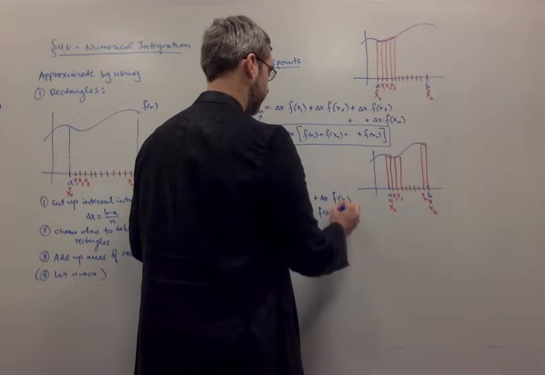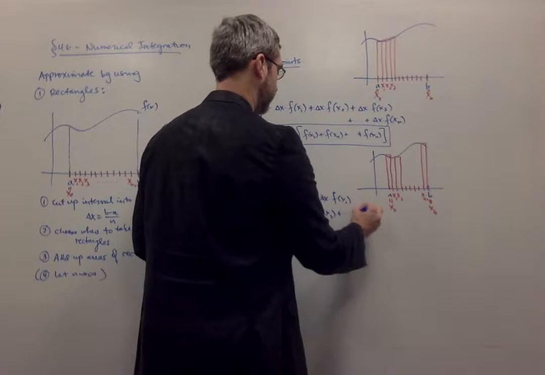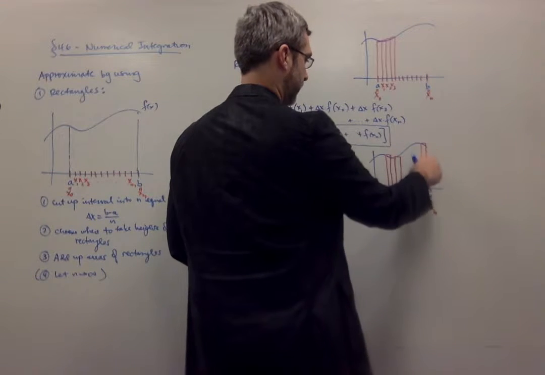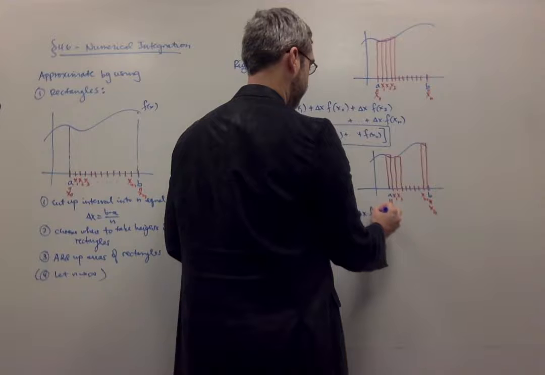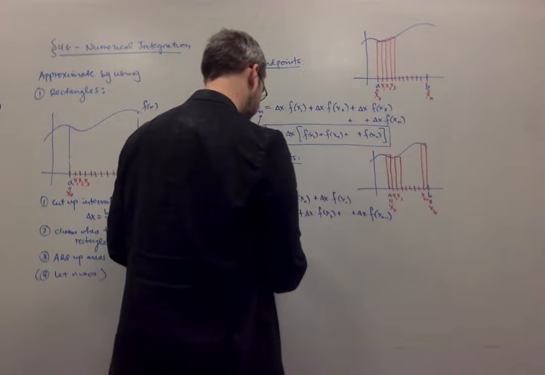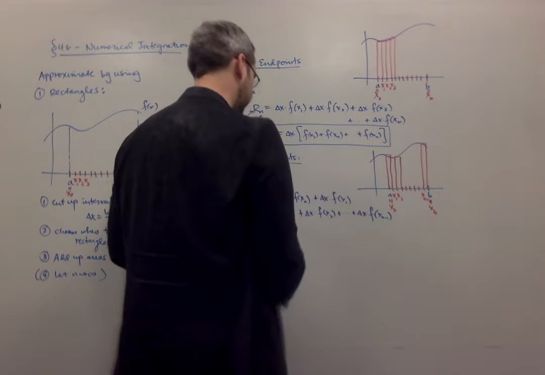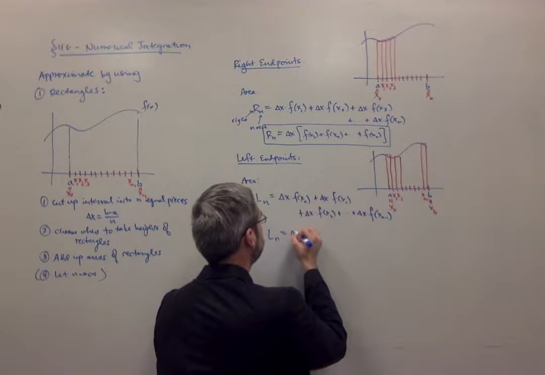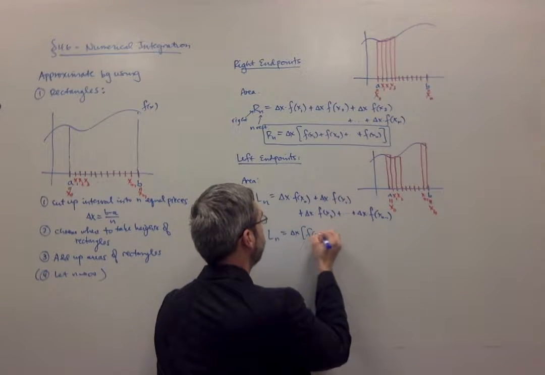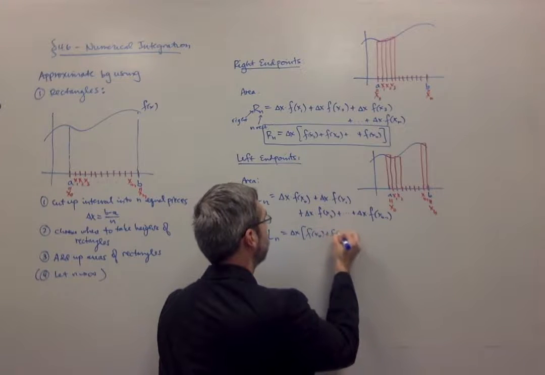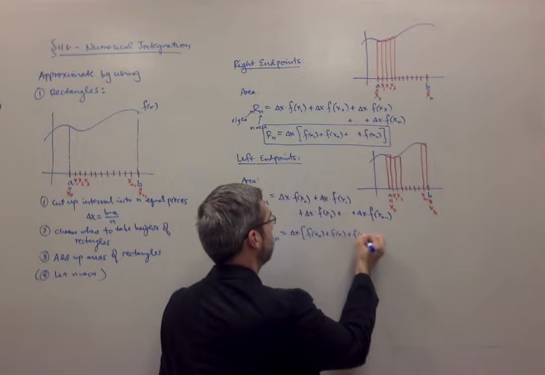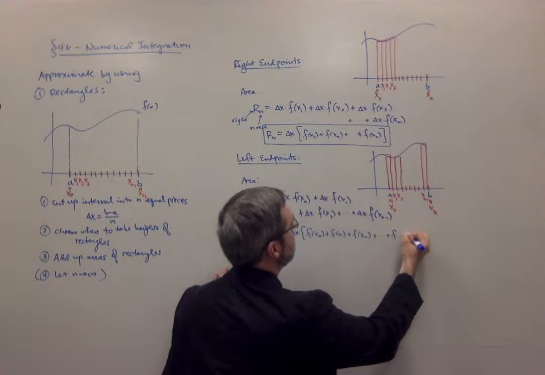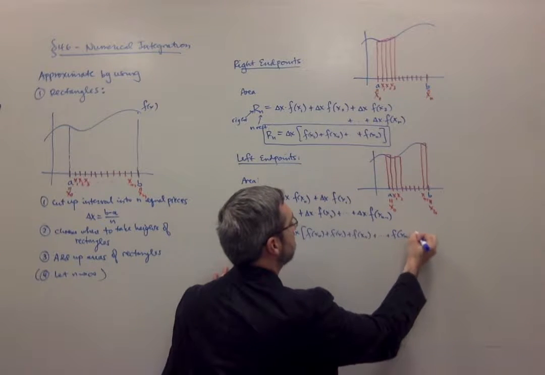Then when I plug in x2, and then finally, what I get when I plug in the left endpoint on this last interval, that's going to be x sub n minus 1. So the formula for L sub n, if I pull out a delta x, is going to be f of x0 plus f of x1 plus f of x2 all the way up until f of x sub n minus 1.